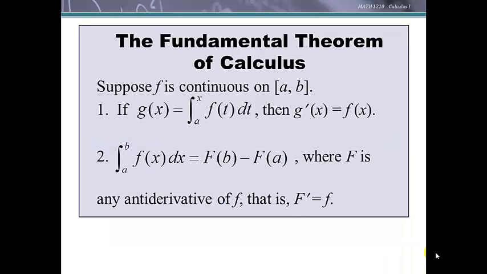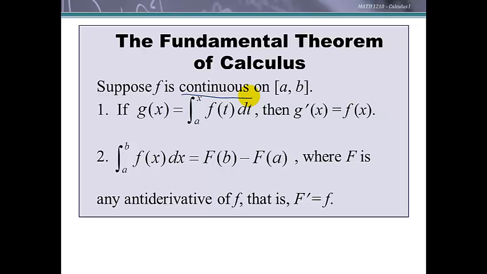Let's just summarize then the fundamental theorem of calculus, putting the two parts together. Suppose f is continuous on the closed interval from a to b. Part 1, if g of x equals the integral from a to x of f of t dt, then the derivative of g of x equals f of x.